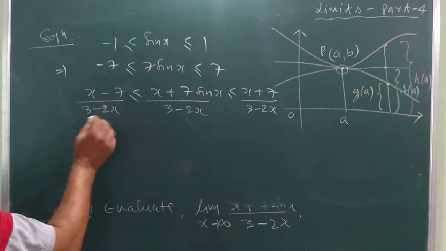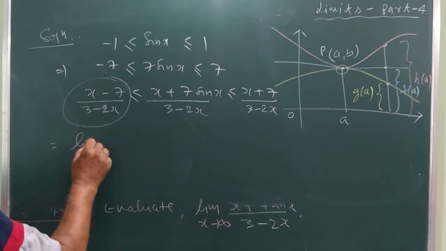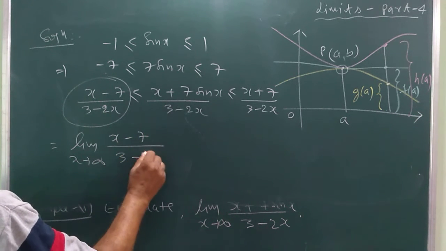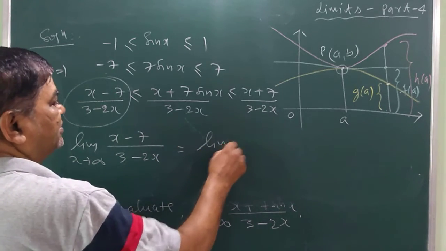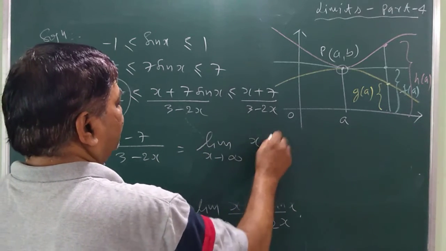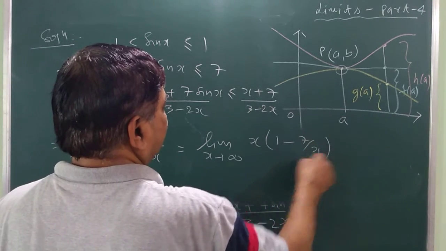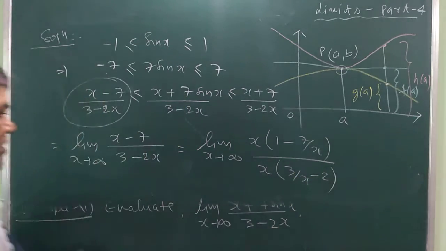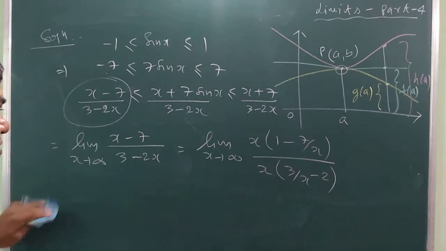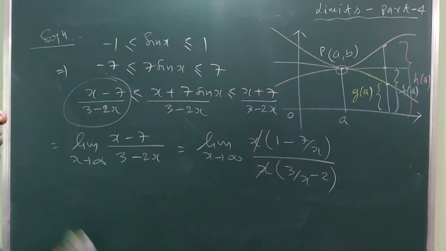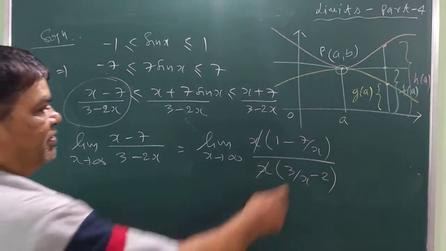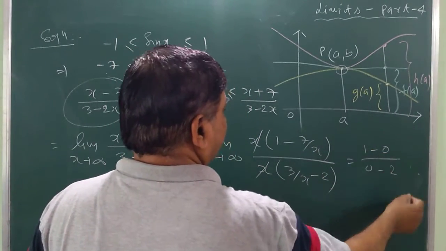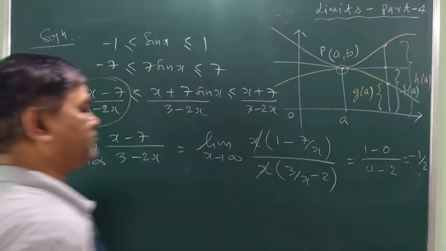First we take the limit of this one: limit as x tends to infinity of (x - 7)/(3 - 2x). Take x common in numerator and denominator: (1 - 7/x)/(3/x - 2). Now this x and x will be cancelled. So 7 divided by x is 0, so 1 - 0, and 3/x is also 0, so 0 - 2. This is -1/2.